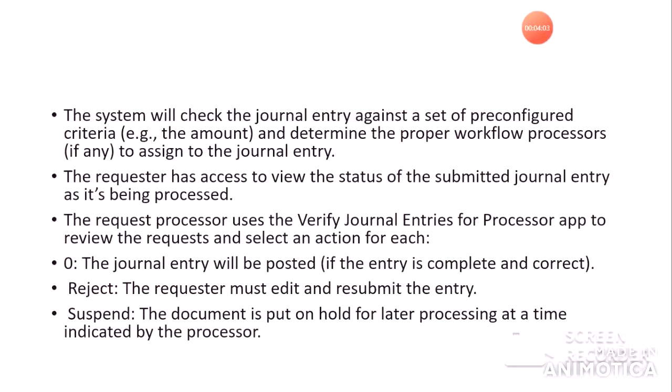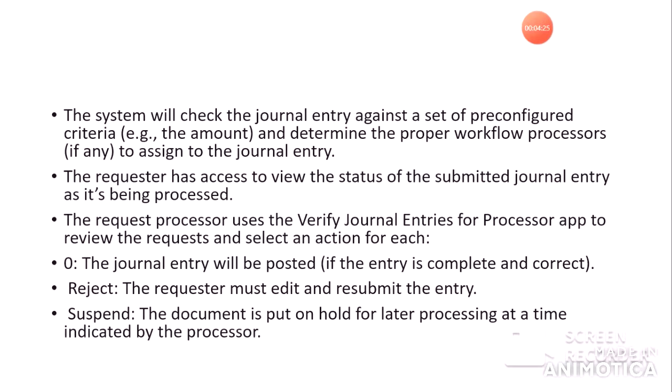The system will check the journal entry against a set of pre-configured criteria, mainly the amount, and determine the proper workflow processors to assign to the journal entry. The requester has access to view the status of the submitted journal entry as it is being processed.